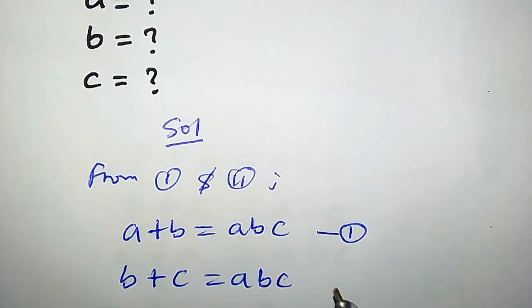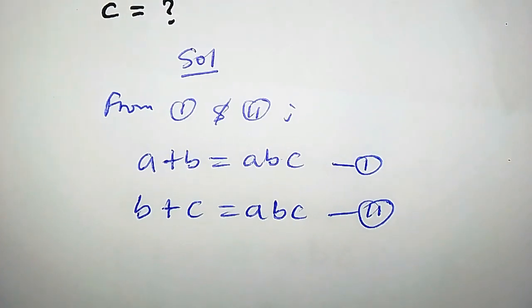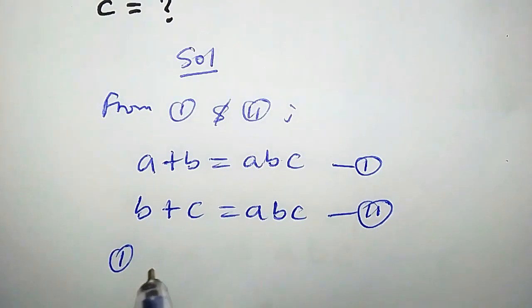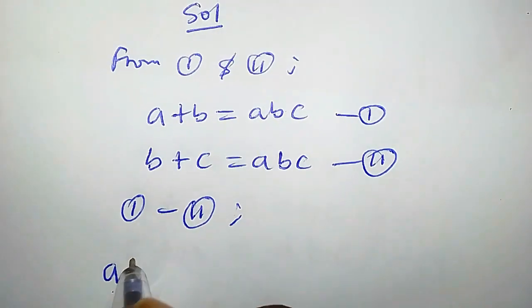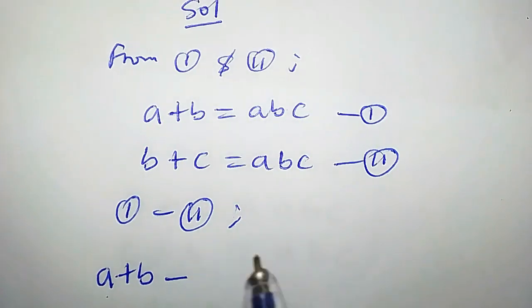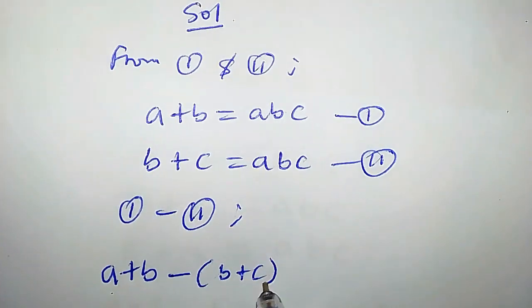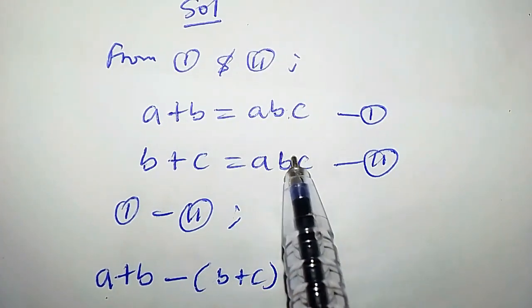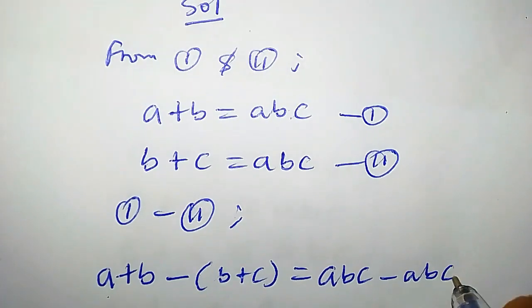This is simply equation 1 and this is equation 2. So what we are going to do now is just subtraction. Equation 1 minus equation 2: we're going to have a + b minus (b + c) equals abc minus abc.